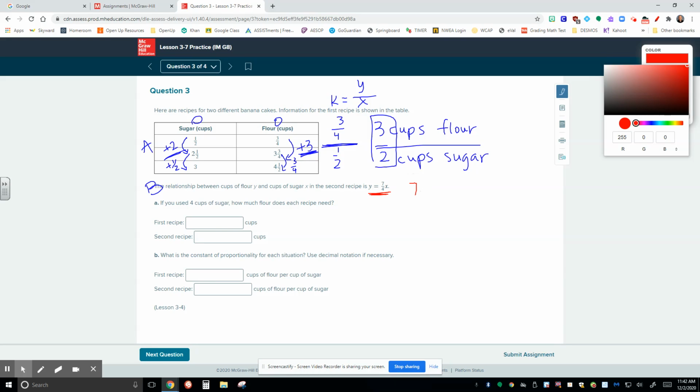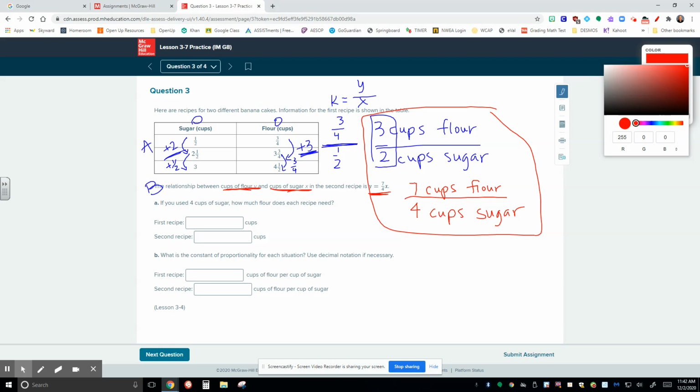We know that the y coordinates all represent flour, so this would be 7 cups flour, as evidenced right here, to 4 cups sugar, evidenced right here. Now, understanding that I have these two ratios, we're comparing 3/2 cups to 7/4 cups.